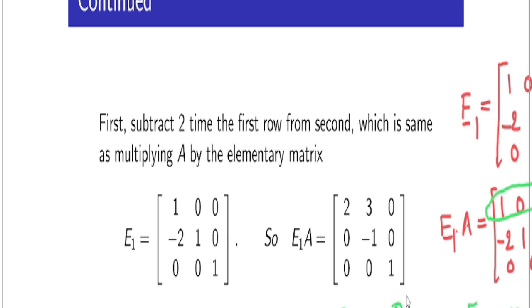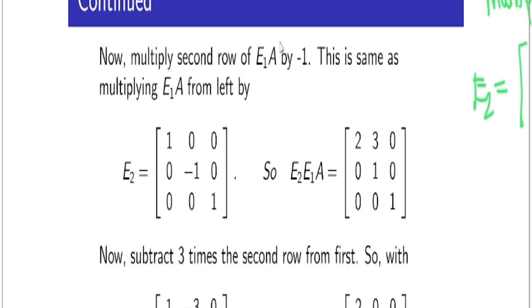After this there is a mistake in this writing. Multiply the second row of I3 by -1. This is the same as multiplying A by E1 from the left. A2 is equal to 1 0 0, 0 minus 1 0, 0 0 1.